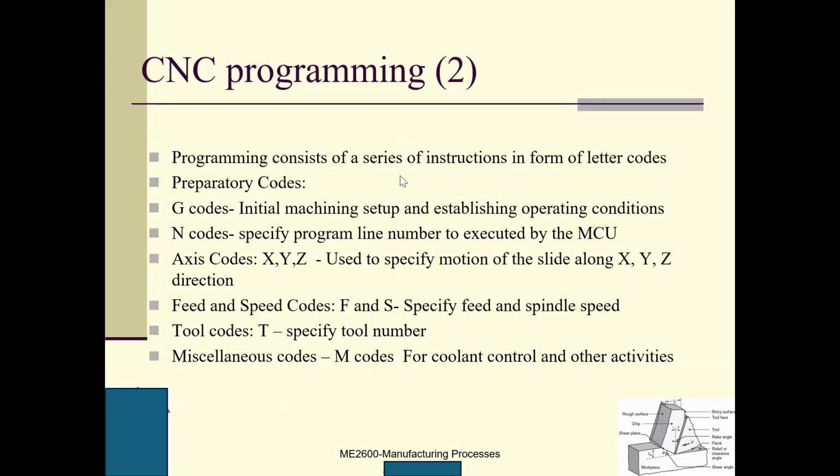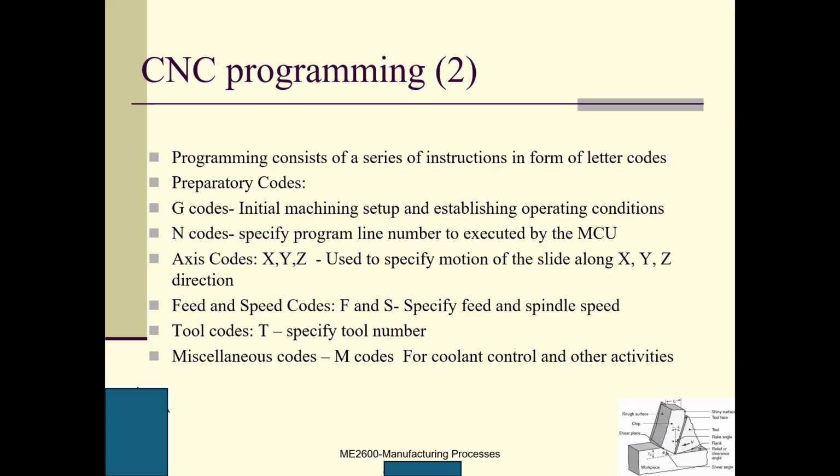Second, programming consists of a series of instructions in the form of letter codes. These are preparatory codes. The G code initiates the initial machining setup and establishes operational conditions. There is also the N code, which specifies the program line number to be executed by the MCU, which is a computer.